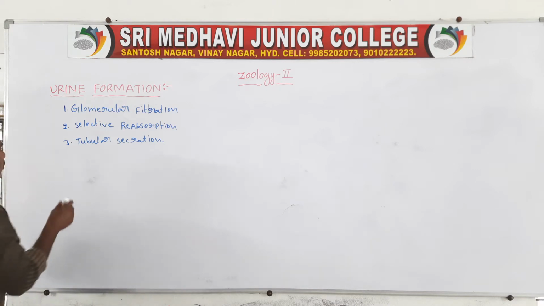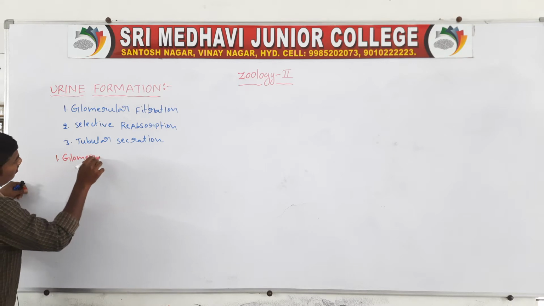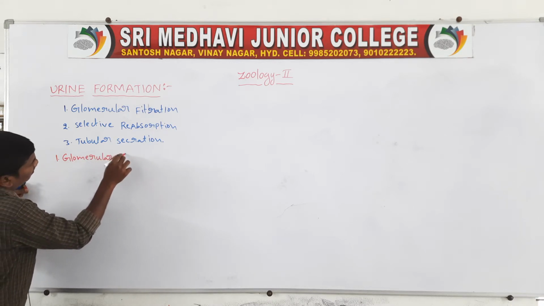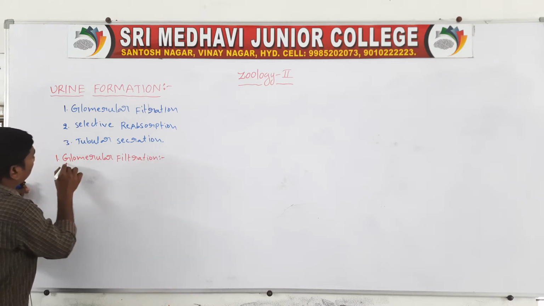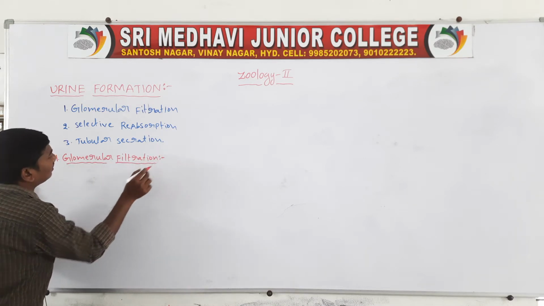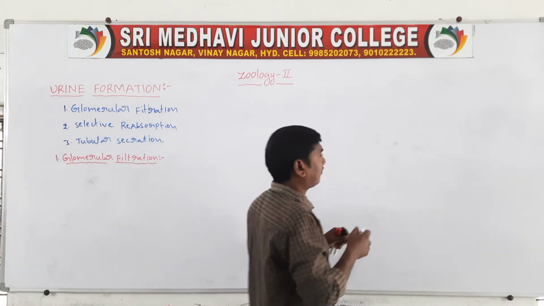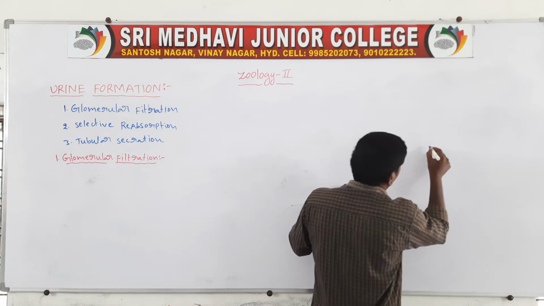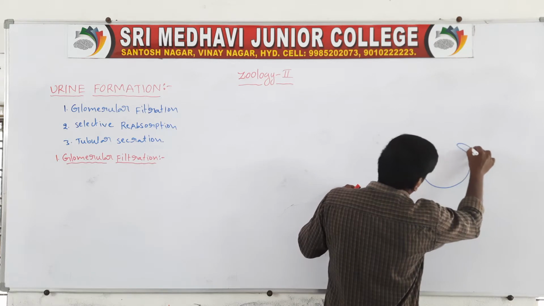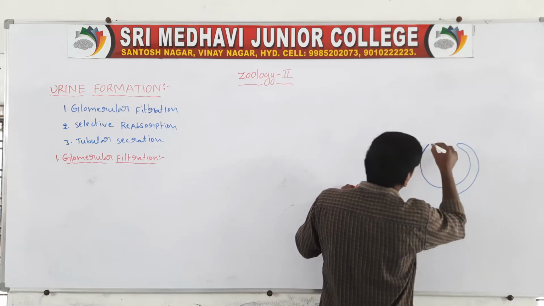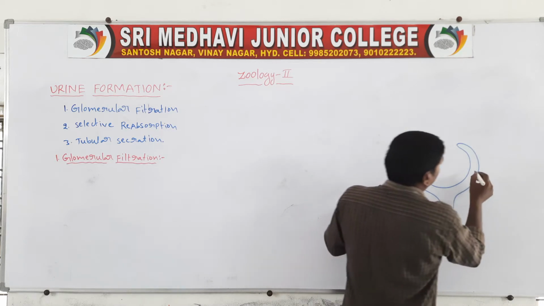First, glomerular filtration. See the diagram. These are the Bowman's capsule.